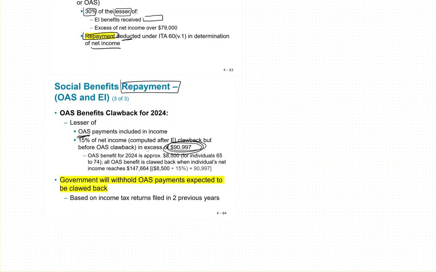If that's the case, then we have to repay the government. If you don't repay them, the government will withhold your OAS payments as a clawback. They will figure it out from your last year's income and withhold before sending you the check.